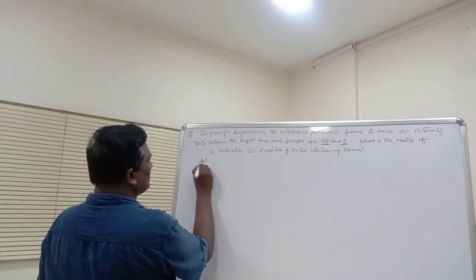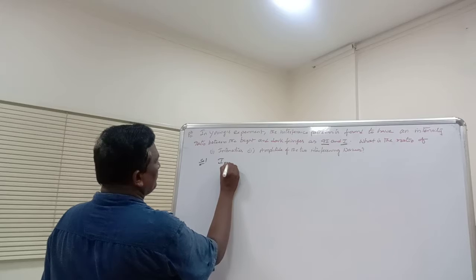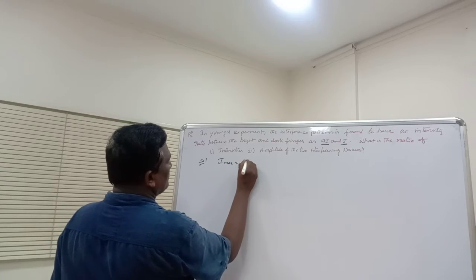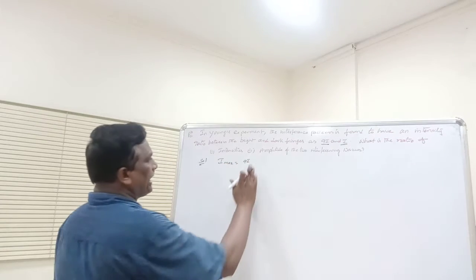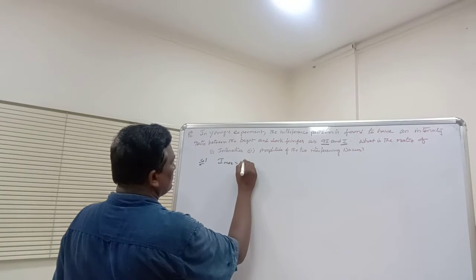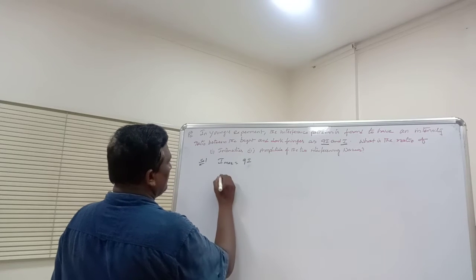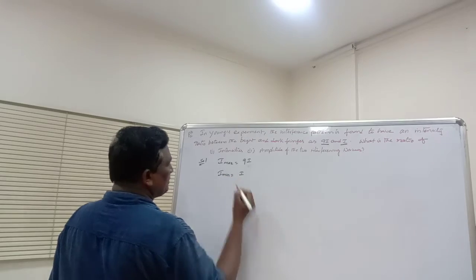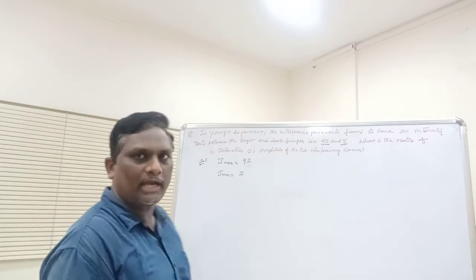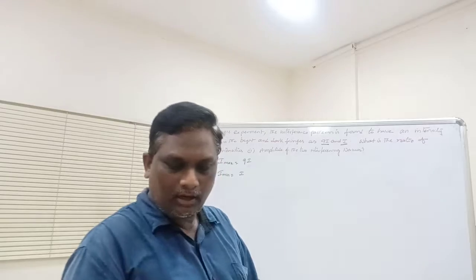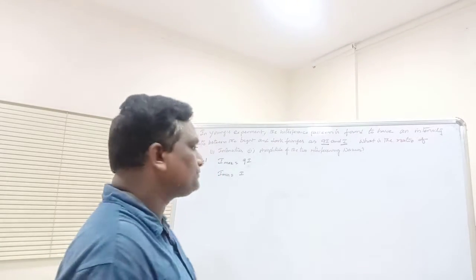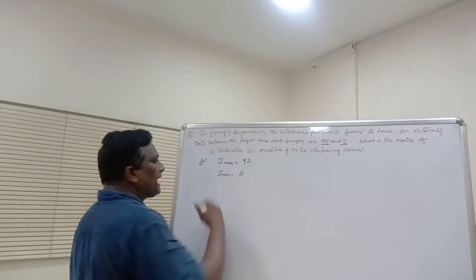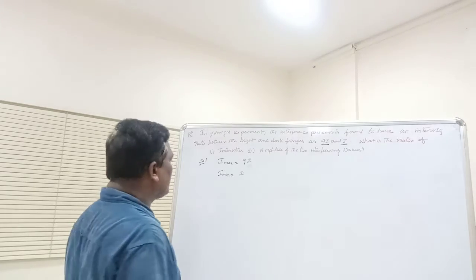See the solution. I maximum is equal to 9I, and I minimum is equal to I. Now I maximum by I minimum we can take.